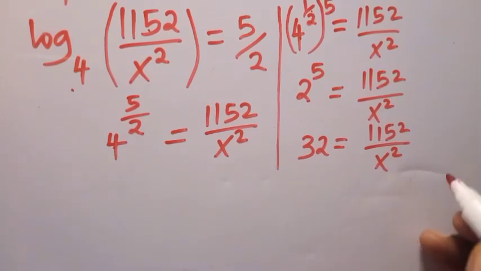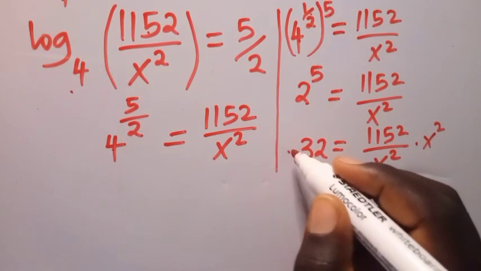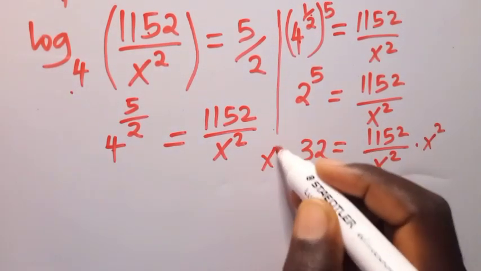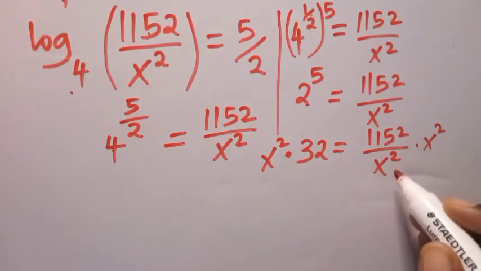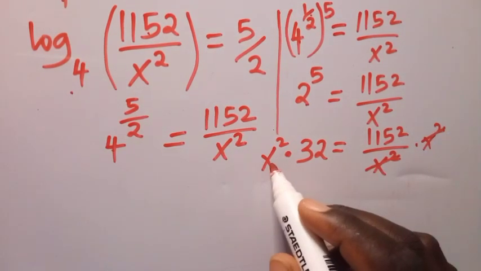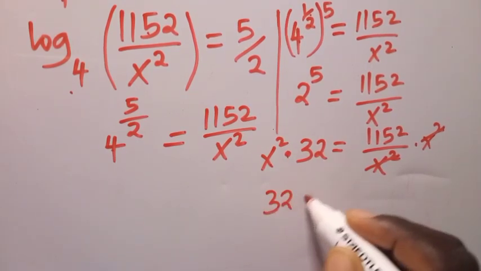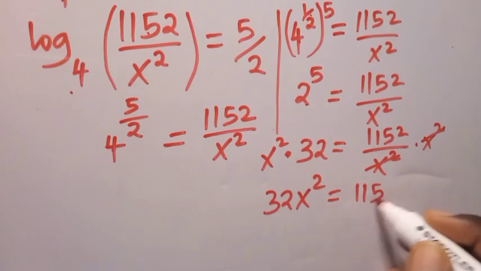Now from there we can multiply by x squared on both sides. This dot denotes multiplication, so this one and this one simplifies, and therefore x squared times 32 is 32 x squared, then equals to 1152.